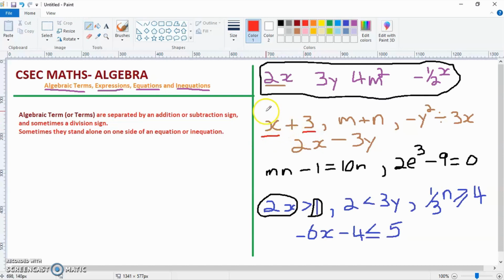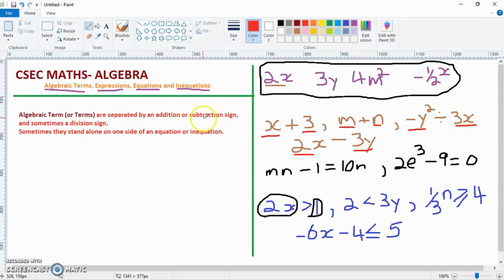Each of them is an algebraic term, same as the m and the n. The 2x and the 3y are also algebraic terms. Negative y squared, positive 3x, all these are algebraic terms. They are separated by an addition, subtraction or division sign.